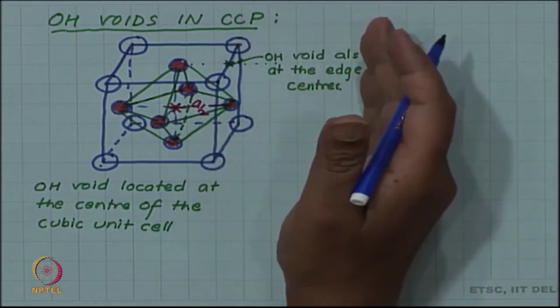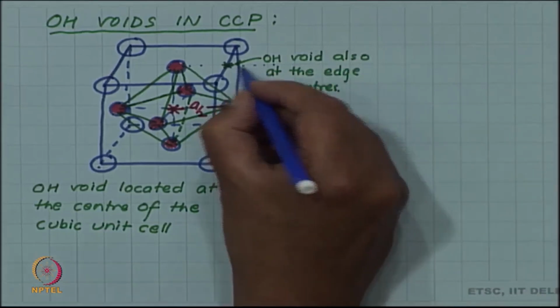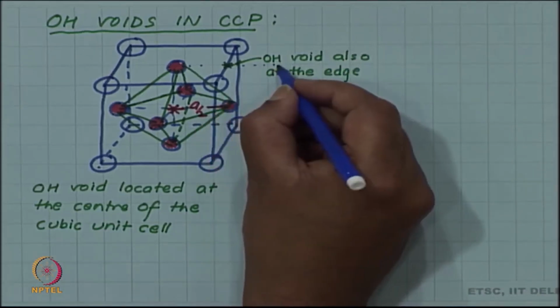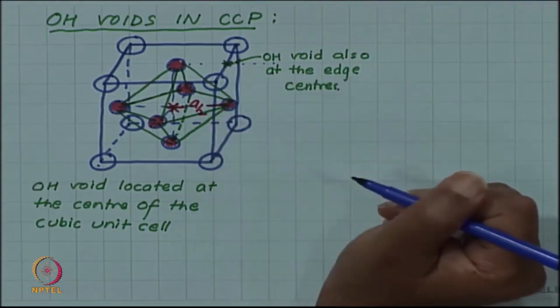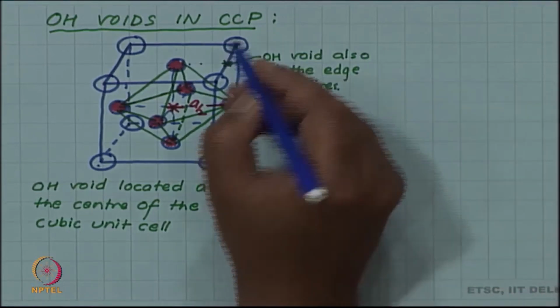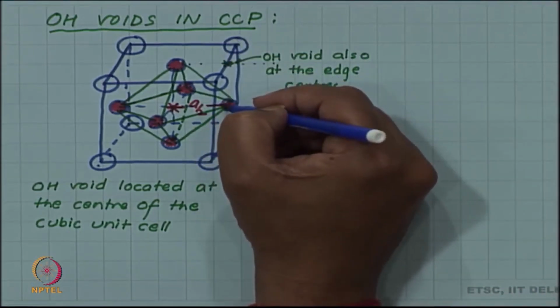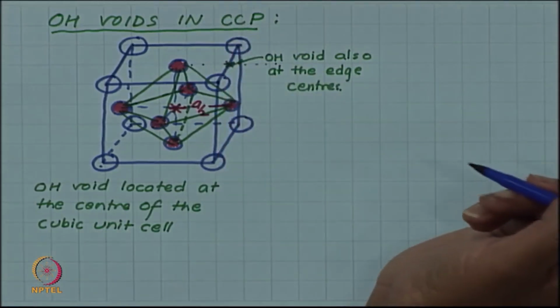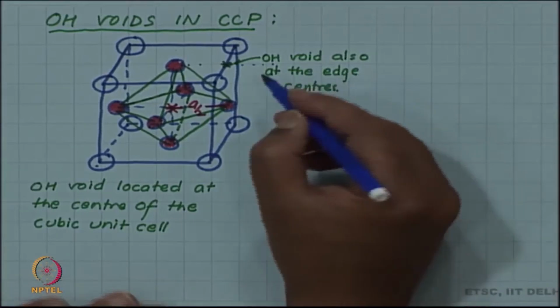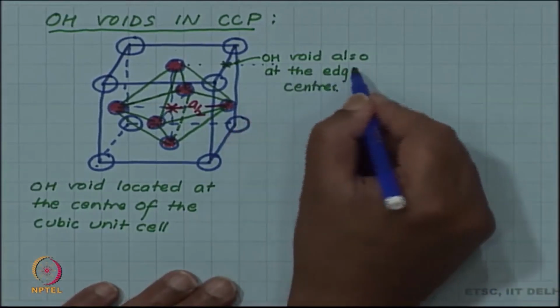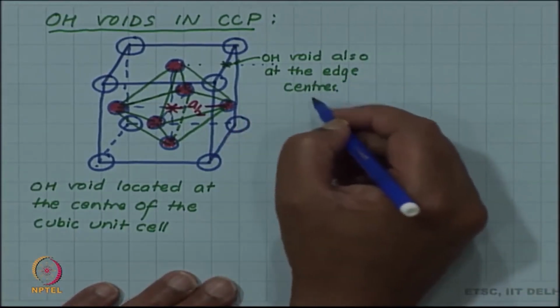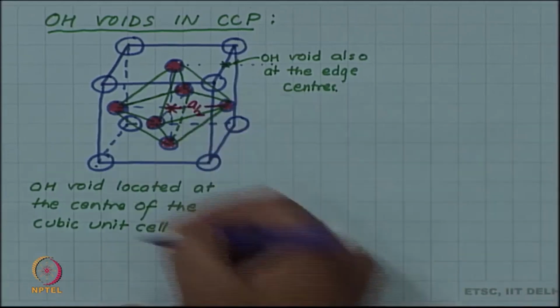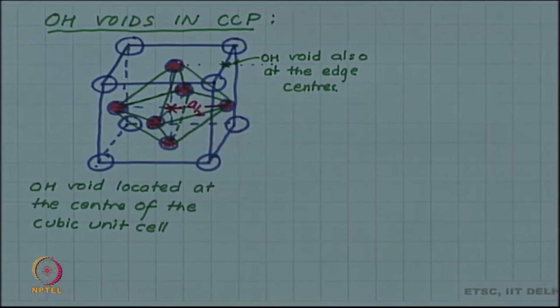The unit cell on the right will provide an atom exactly at a by 2 to the right of this center. Similarly, I have a by 2 bottom, but a by 2 top comes from the next unit cell. So, if you imagine that way, it is easy to see that octahedral void is also at the edge centers of the unit cell. So, the numbers here can now be calculated.